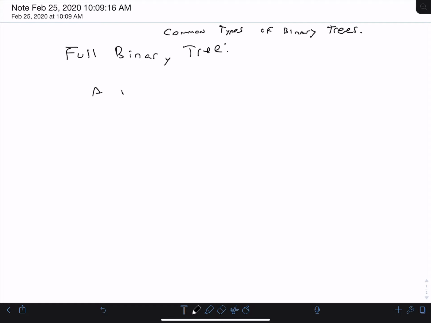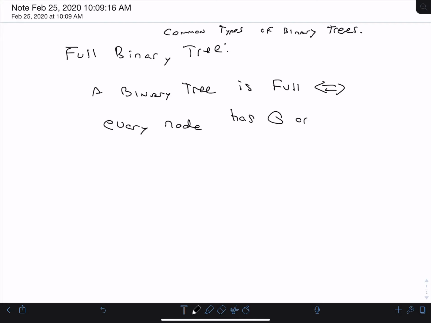A binary tree is full if and only if every node has 0 or 2 children.